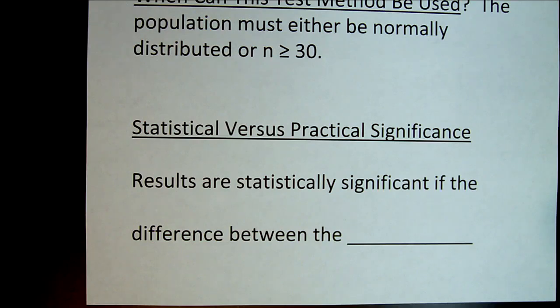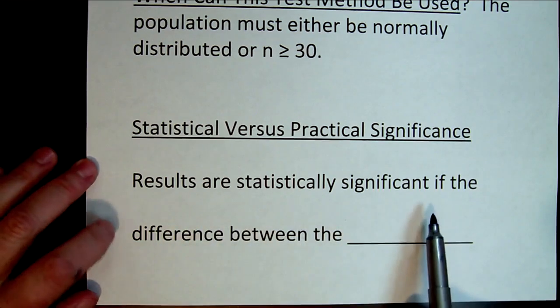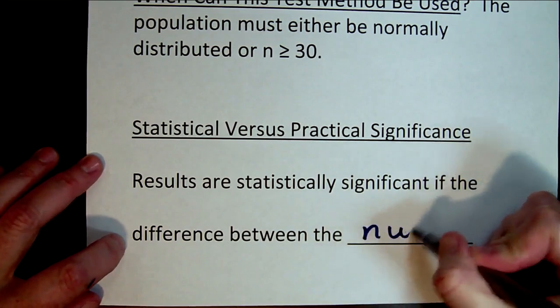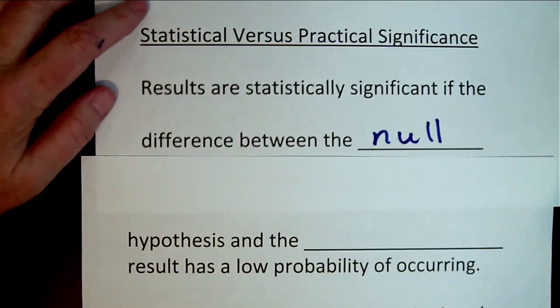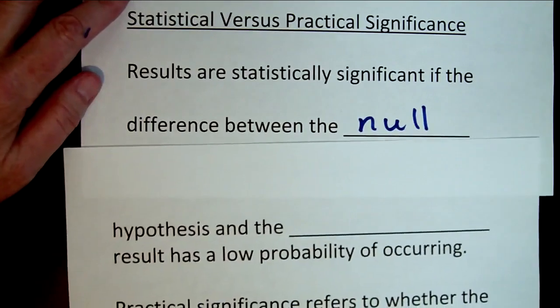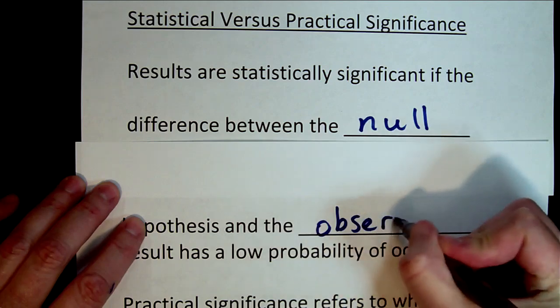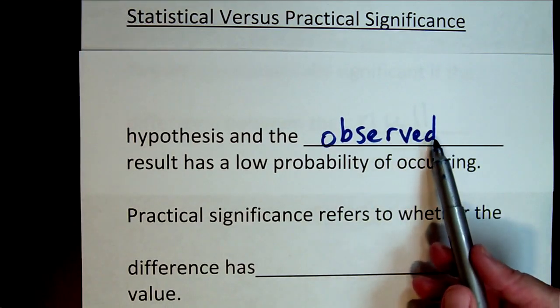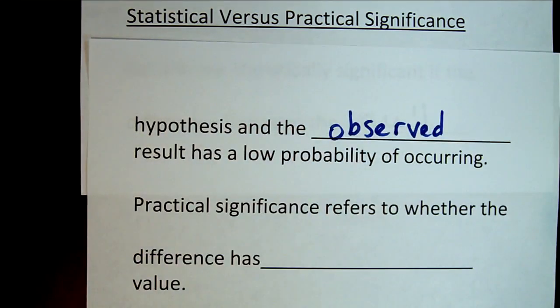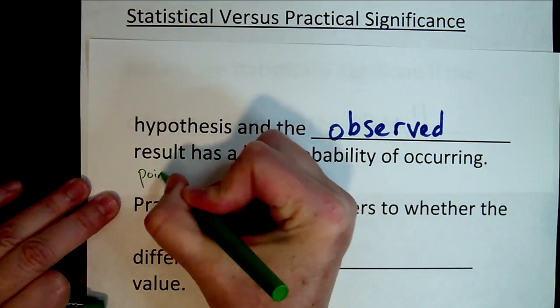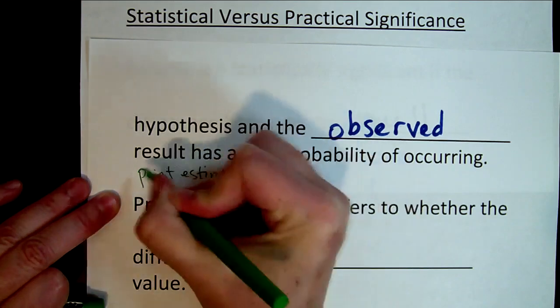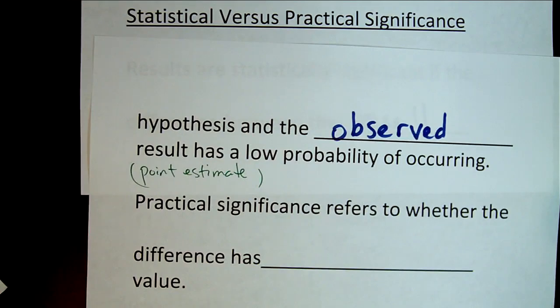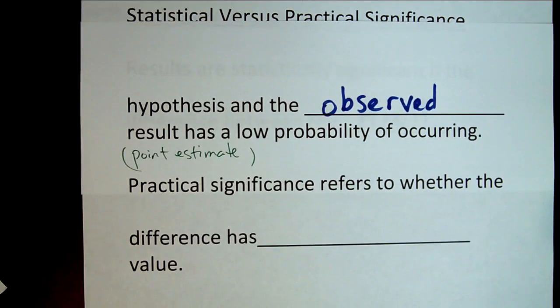We've used this phrase statistically significant, and we said that results are statistically significant if the difference between the null hypothesis, remember that's the one you assume to be true, and the observed result, by which we mean the point estimate, what you get out of the sample, has a low probability of occurring, low enough to reject the null hypothesis. That's when we say that the test had statistical significance.